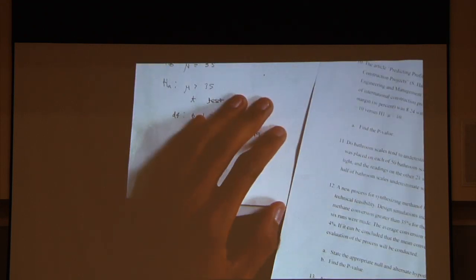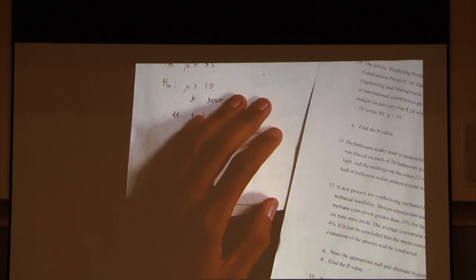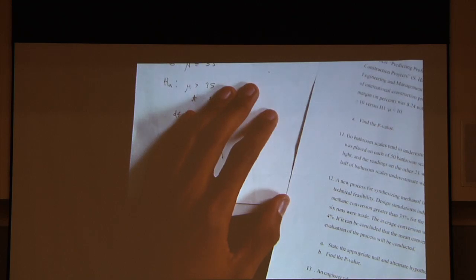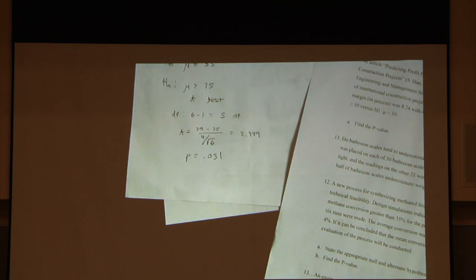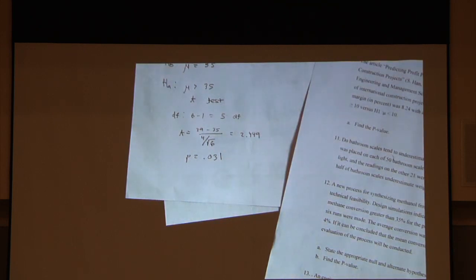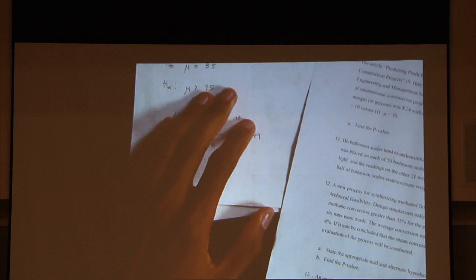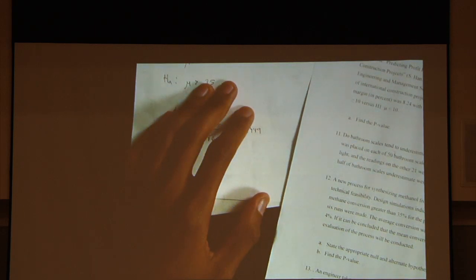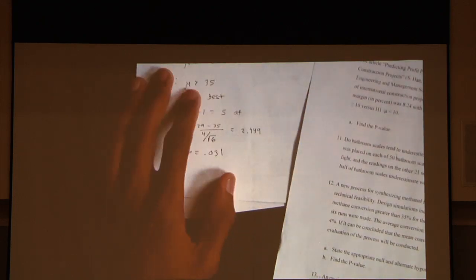So if it was like 35, that's a weird range. For 35, I don't even think you could assume that it's normal. Or wait, no, if it's less than 35, you can't assume that it's normal. Yeah, okay, we'll go with that.